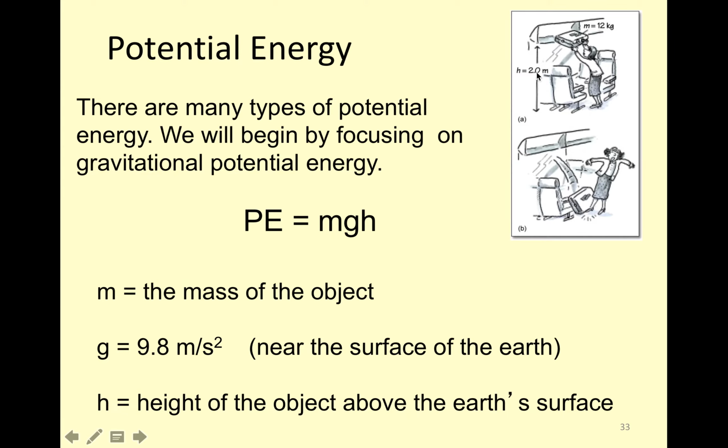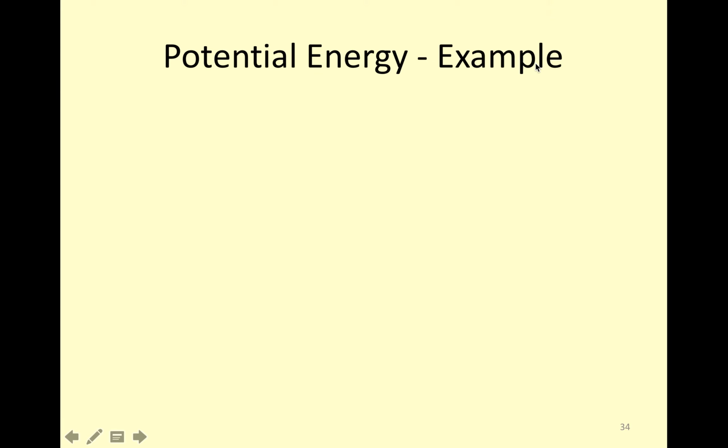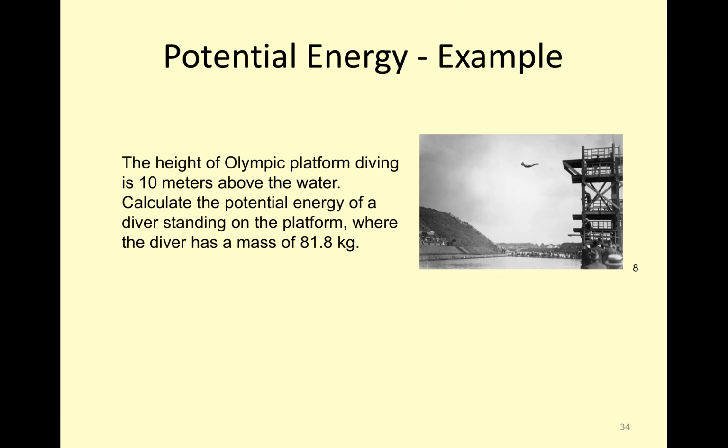You subtract the 2, you still get the delta 2. Doesn't matter. Okay? Potential energy example, the height of an Olympic diver. Let's go ahead and calculate the potential energy of a diver standing on a platform where the diver has a mass of 81.8 kilograms.